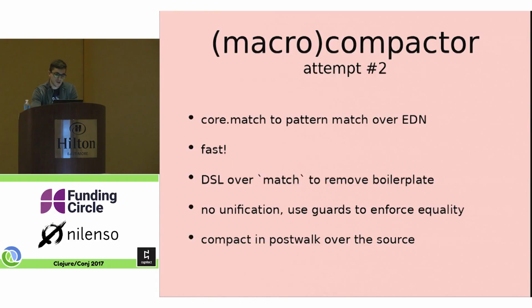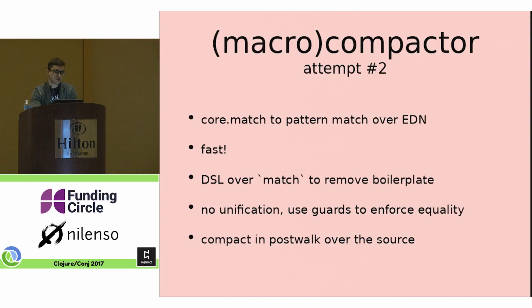So the second pass of this compactor was written with core match. And it was really, really fast. I've written a DSL over match because if you've ever tried to use core match to pattern match over structural data, it's not very pleasant. So I've written a DSL that kind of looks like structural matching.